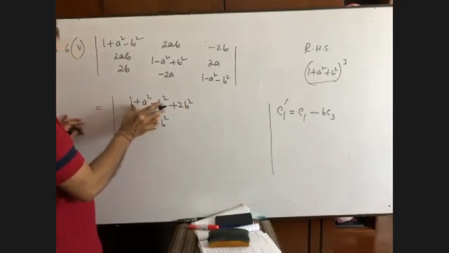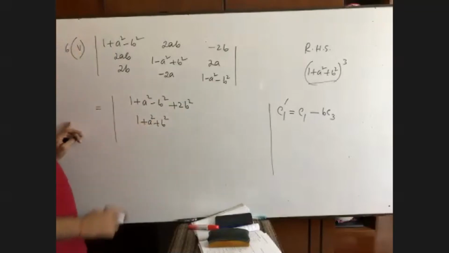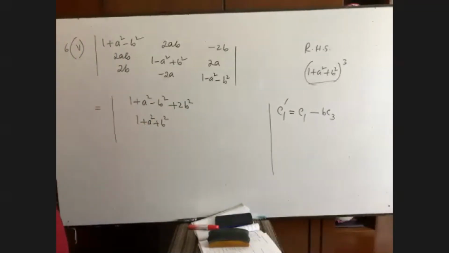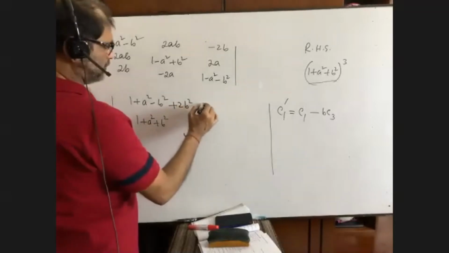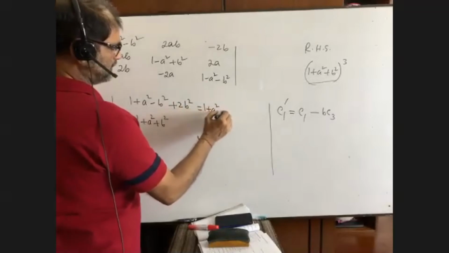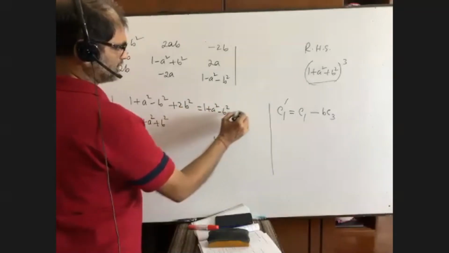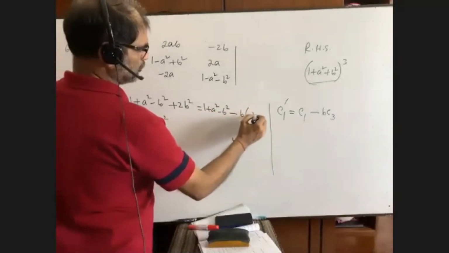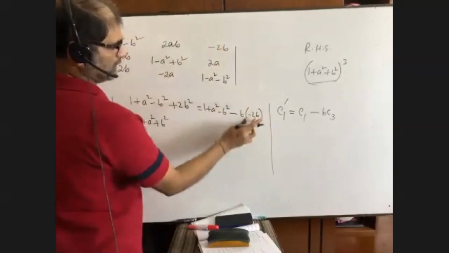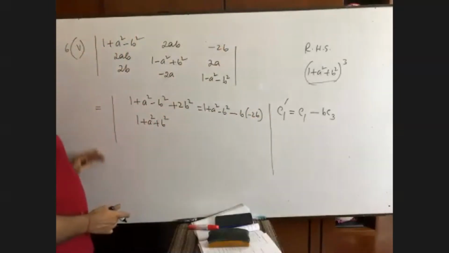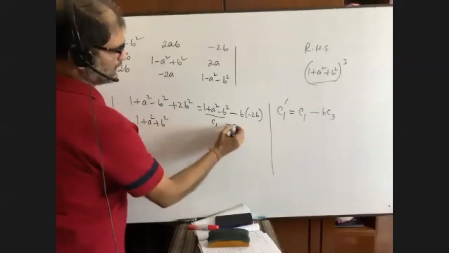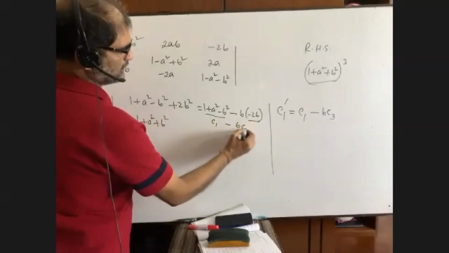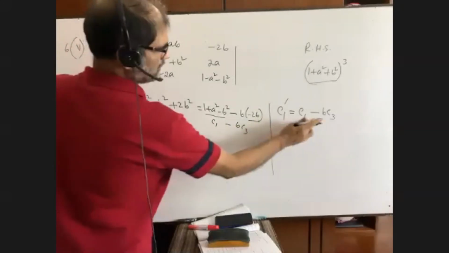Then from this line, I can get this line. This and this are equal, but it can be written 1 plus a square minus b square minus b into minus 2b. This is minus 2b. So this is column 1 minus b, column 3. For this, I have written column 1 minus b, column 3.